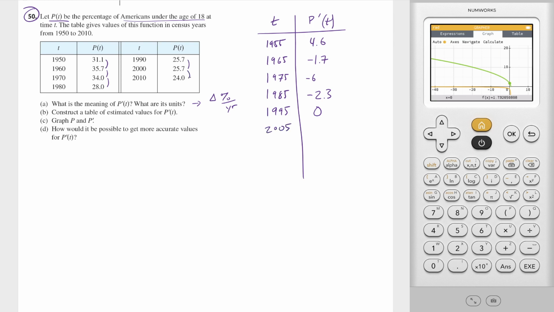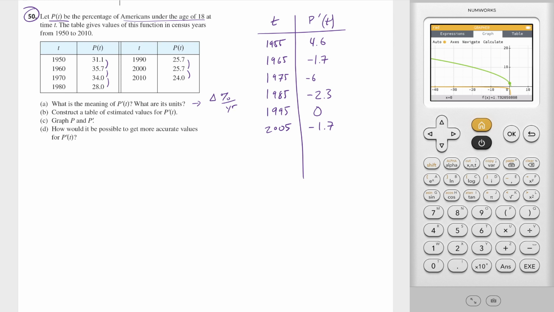So 2000 to 2010, the change was negative 1.7. So what we're noticing here is, in general, that the trend is that fewer Americans are under the age of 18. The most dramatic change coming in the 1970s, when we had a drop of 6%.